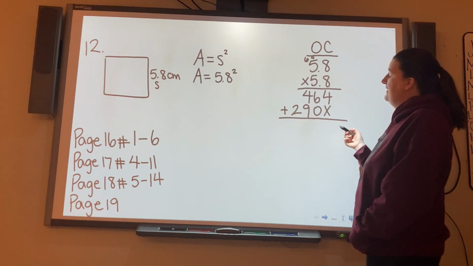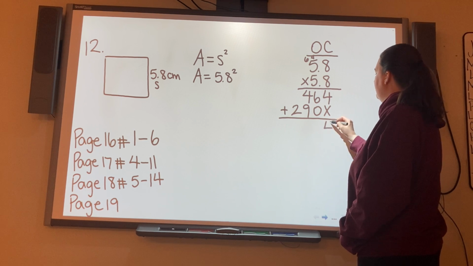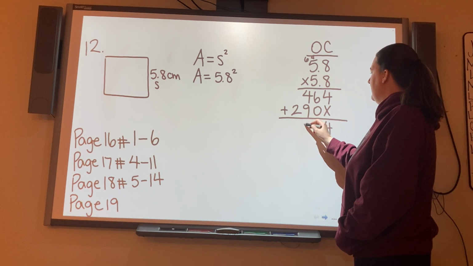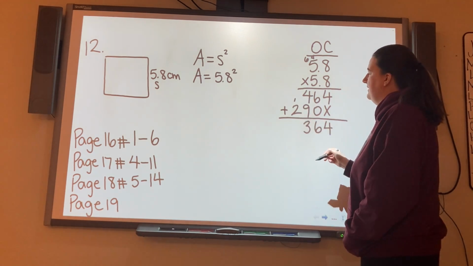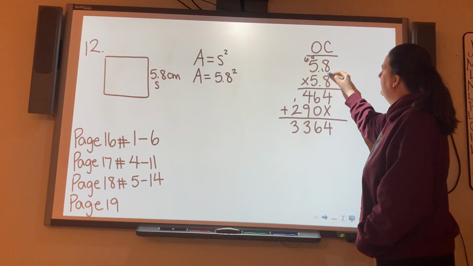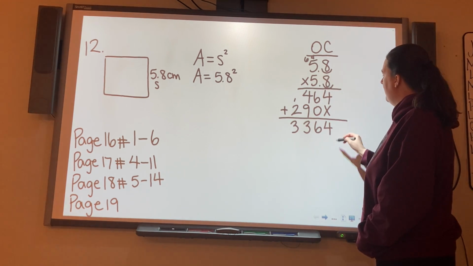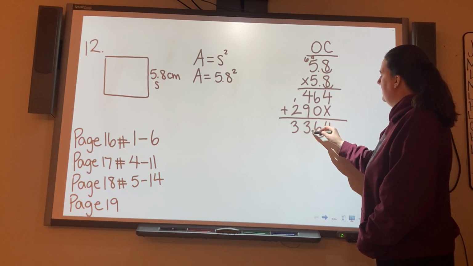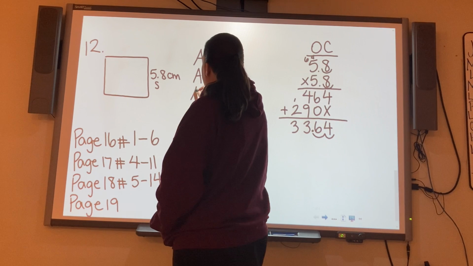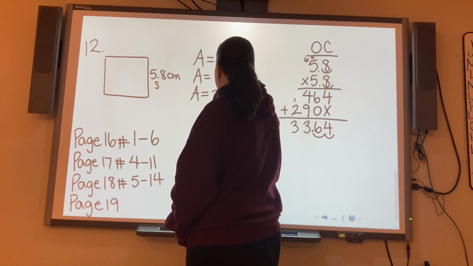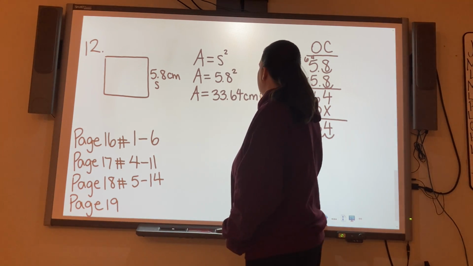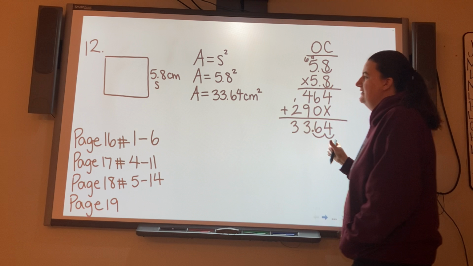And then you add up your answer line. So 4 plus nothing is 4. 6 plus nothing is 6. 4 plus 9 is 13. Carry your 1. 2 plus 1 is 3. And don't forget, 1 decimal spot, 2 decimal spots, 2 decimal spots. 33.64. So the area of my square is 33.64 centimeters squared.